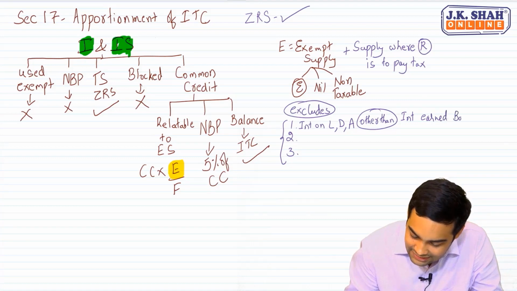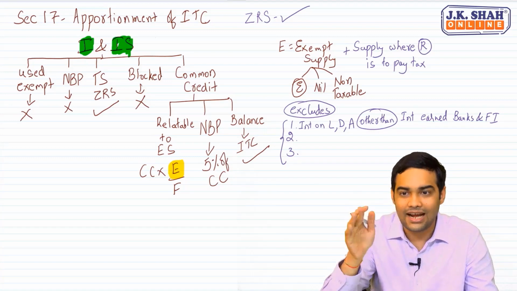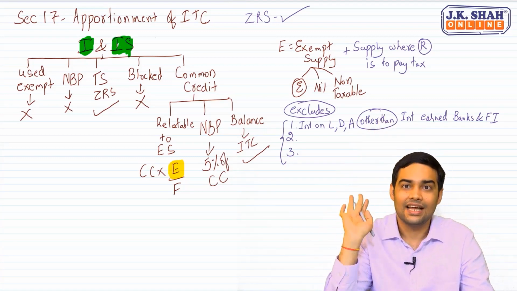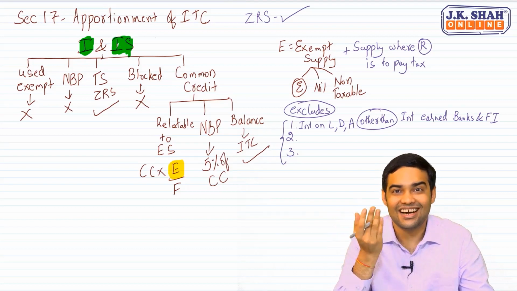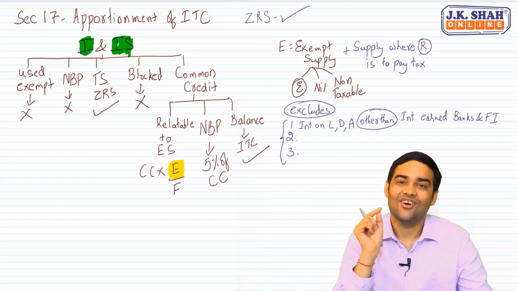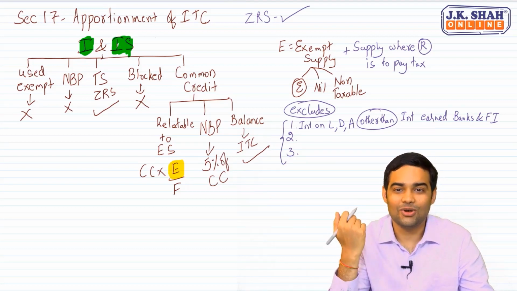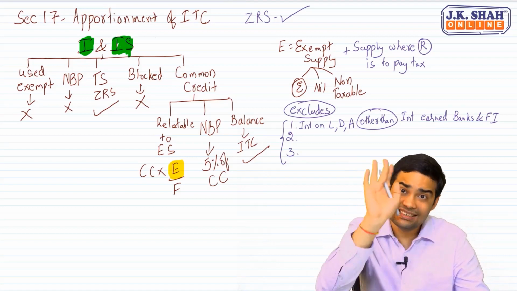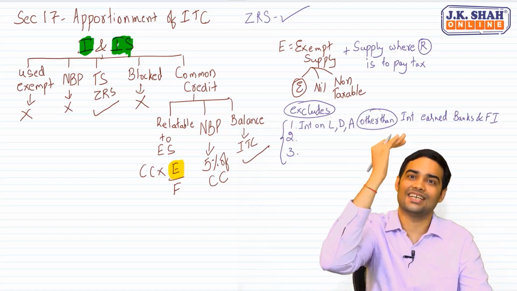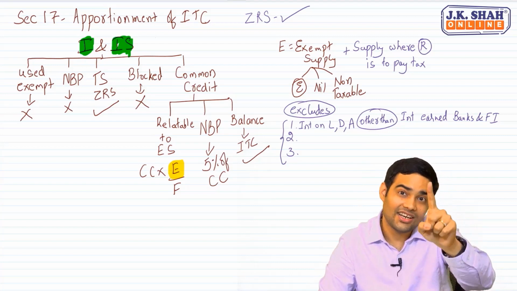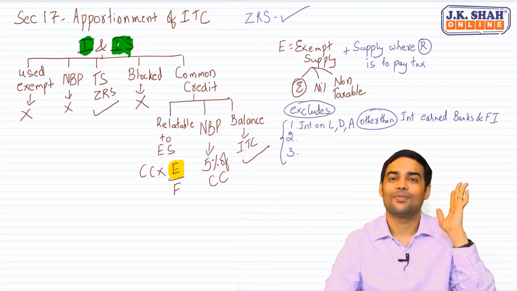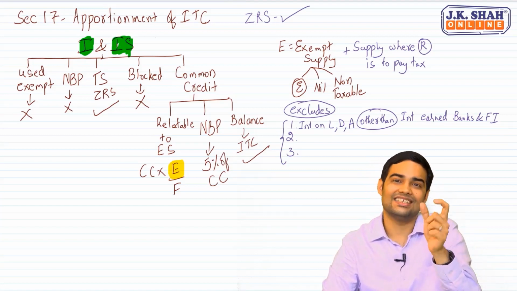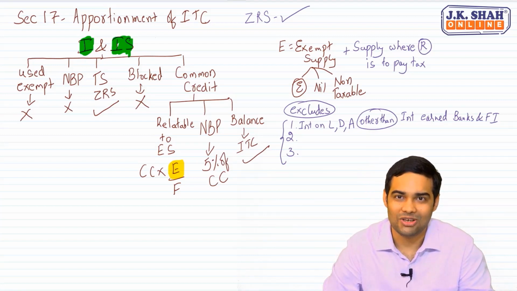So banks and financial institutions earning interest, that is exempt and that will be considered as E. But a Marwadi, a Gujarati or a particular person earning interest from loans or from fixed deposit, that interest is exempt but will not be considered as part of E. If it is not considered as part of E, that means it's advantage to us. Clear? So to that extent, we don't have to do reversal of common credit.